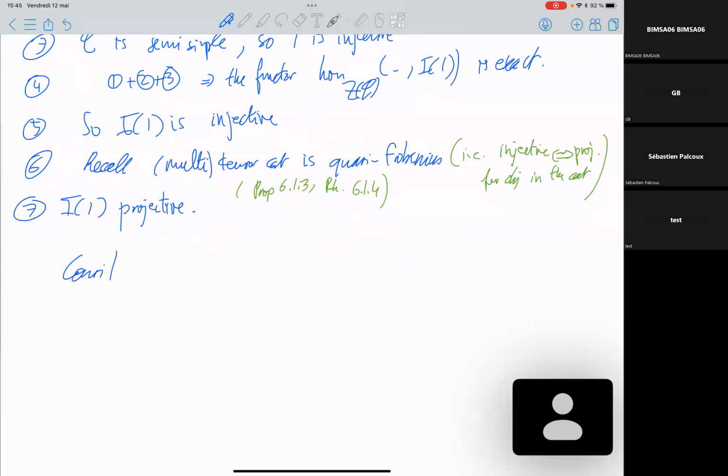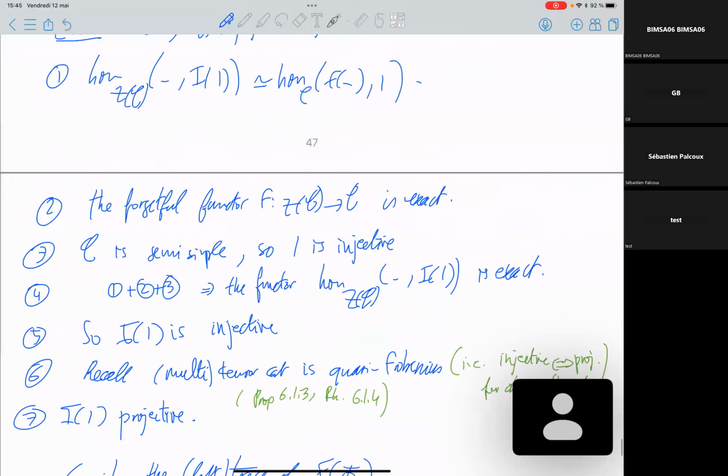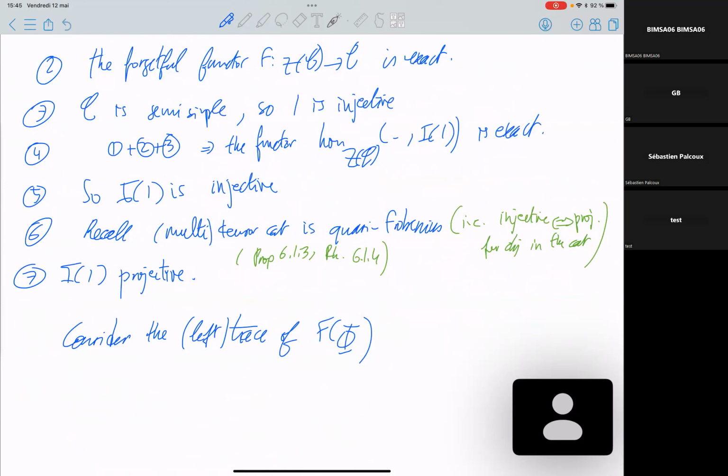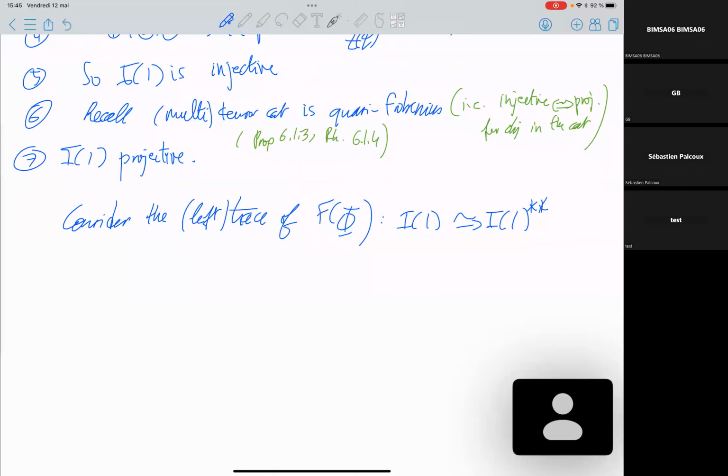So consider the left trace of, so the previous lemma states that the forgetful functor of big phi is an isomorphism between I1 and its double dual.